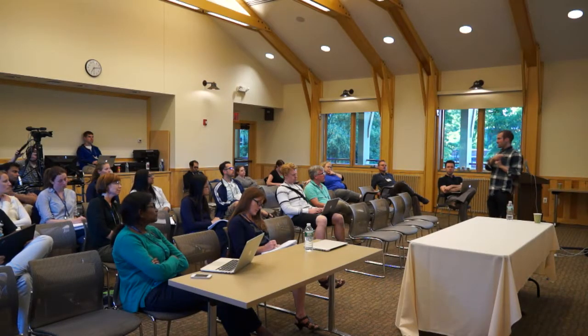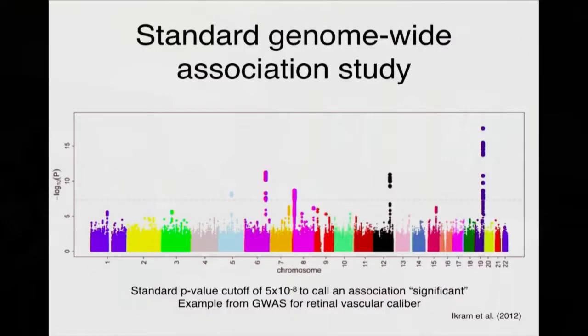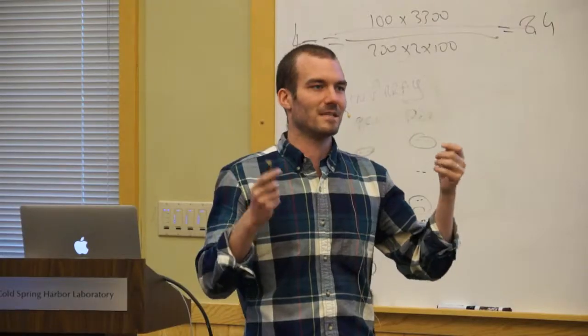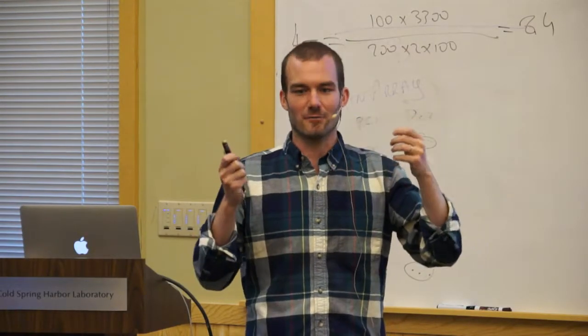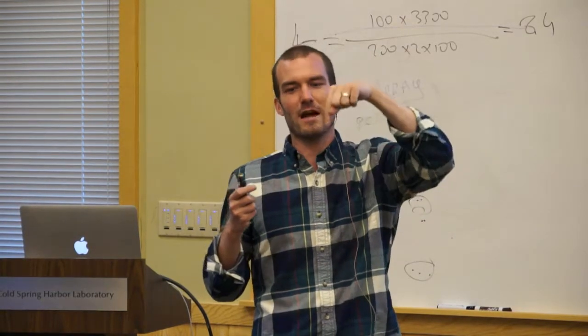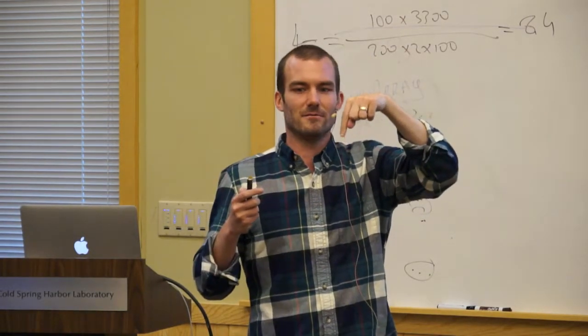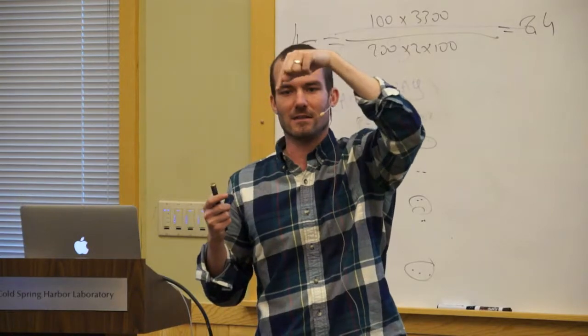This may not be the standard way of getting to this significant threshold, but the way I think about it is that what you're interested in is what is the probability that a genetic variant influences a trait. And so if you're a Bayesian, that requires what's the prior probability that the genetic variant influences the trait, and the evidence.